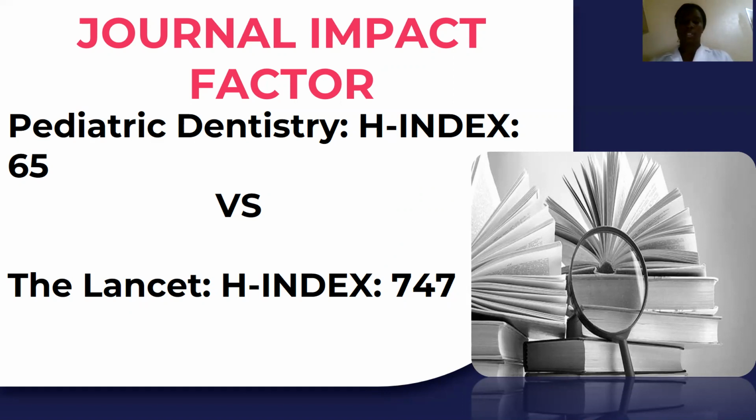Now, impact factors measure the importance of a journal by calculating the number of times selected articles are cited over a number of years. The higher the impact factor, the more highly ranked the journal. Thus, the Pediatric Dentistry Journal will be considered lesser ranked relative to the Lancet Journal as well as the Nature Journal.